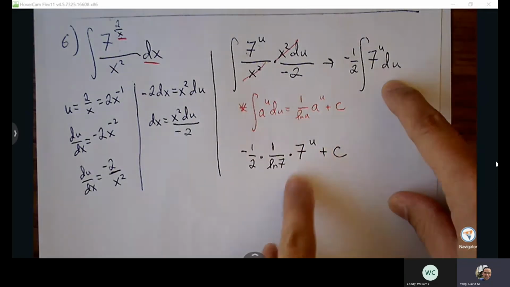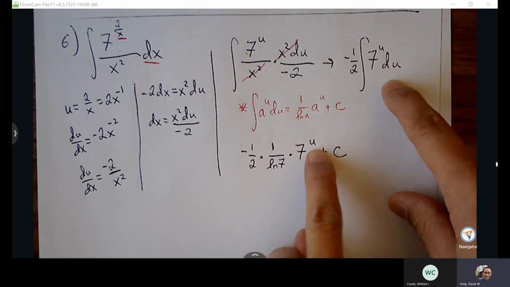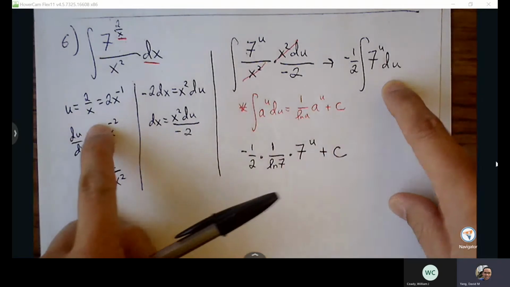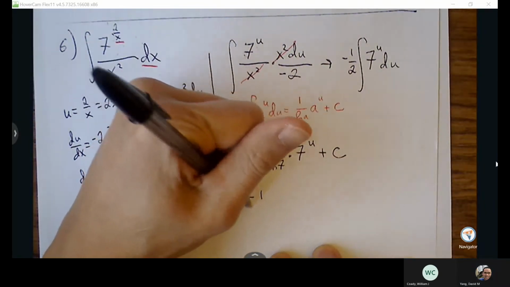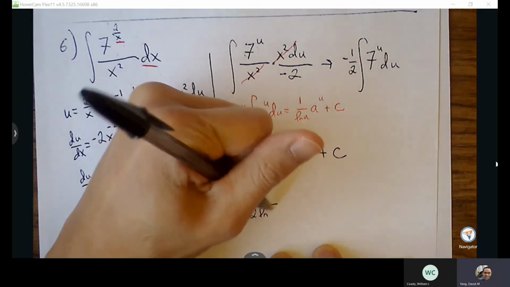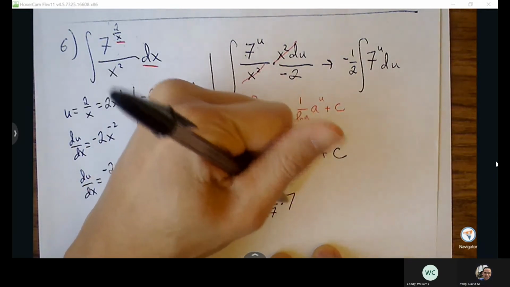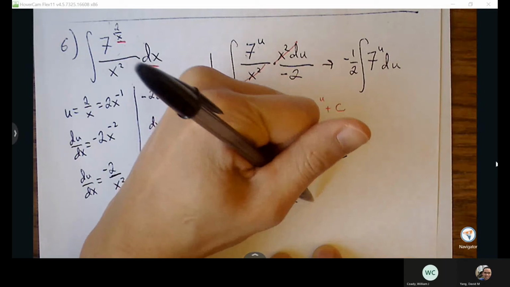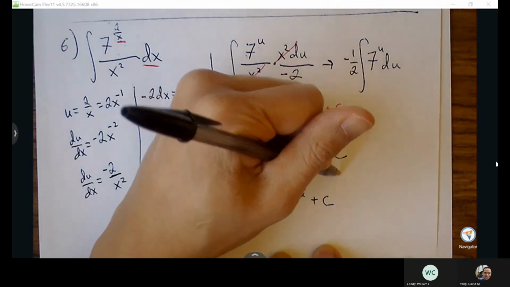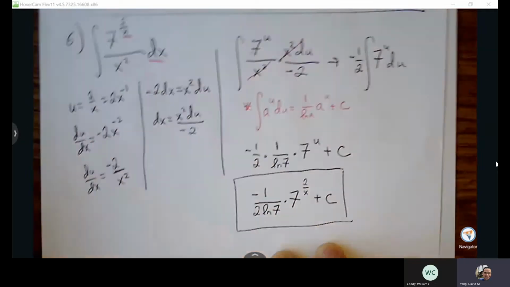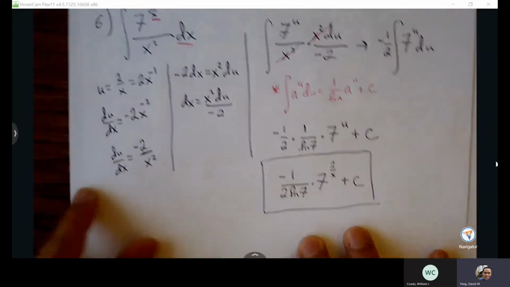You can clean this any way you want. Just make sure that you bring your original 2 over x back into your answer. Any rearrangement of this answer is fine as long as you have all the pieces there.